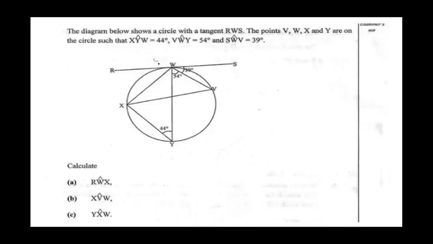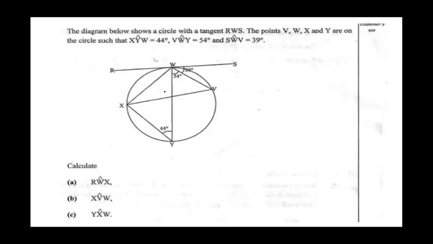So you need to have the ability to identify the rules or the theorems as discussed. You can use the identification of triangles, which becomes very handy in finding angles.